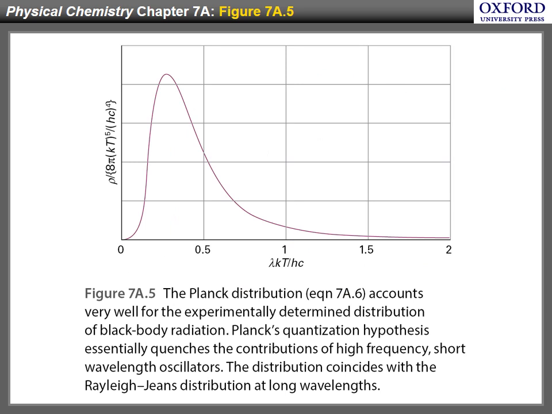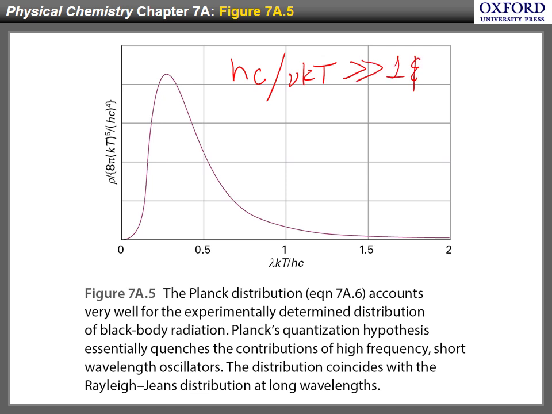Even though similar to Rayleigh-Jeans law, Planck's calculations also include some very important exponents in a denominator. Well, basically, for short wavelengths, the correlation is as follows. hc over lambda kT is much, much more than 1.